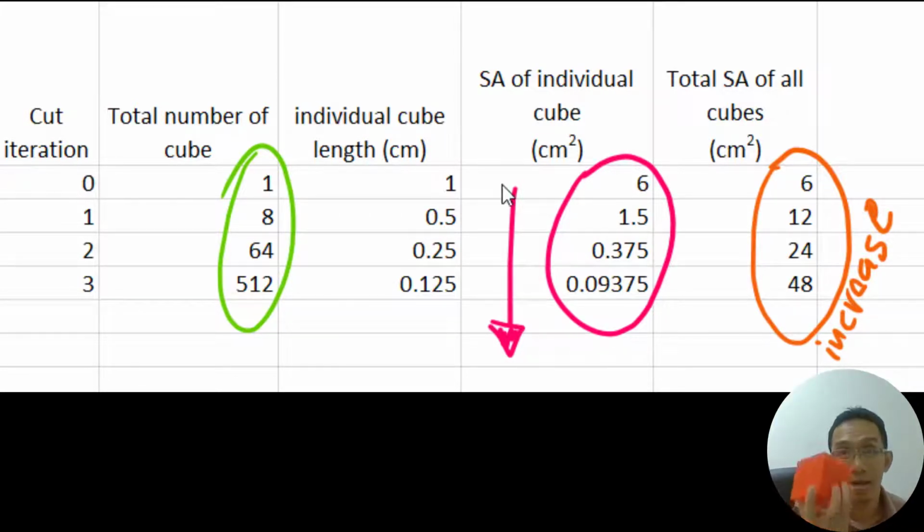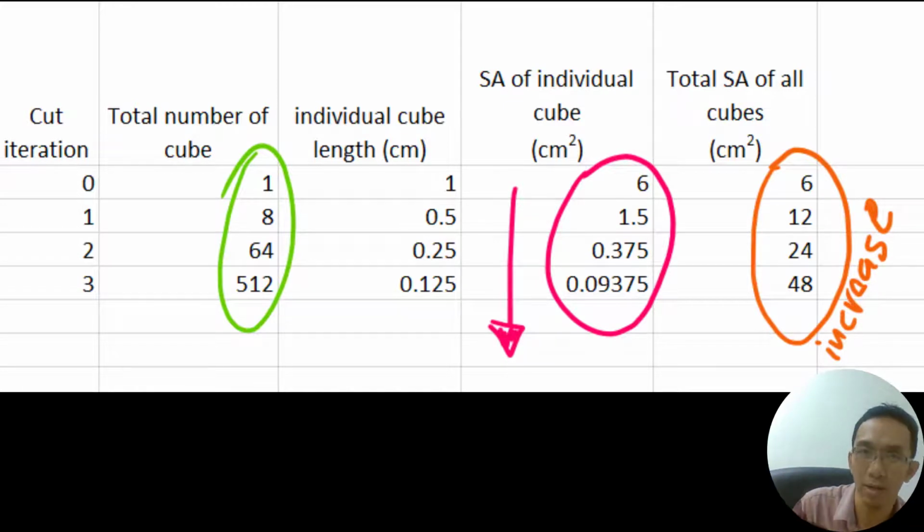For a bigger cube like this, I can simply hold it with my hand. But if I cut this cube so that each individual cube is this big, I will get this many cubes, 512 of them. I cannot even hold everything in one hand, showing that the total surface area increases when you make things smaller.